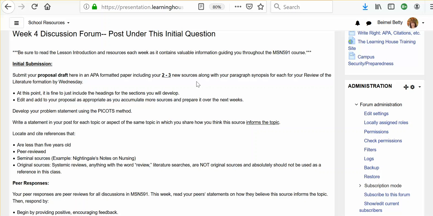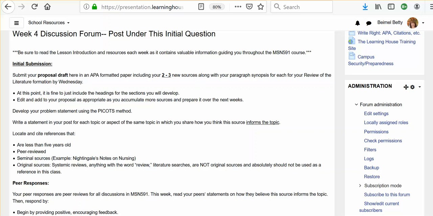Now, of course, there may be some articles that you find you want to cite in your introduction and then in several different parts of your review of the literature. But these are things I want you to start thinking about now, to not just plug them in, but to get an idea in your mind of how they're going to flow, because the flow is very important.